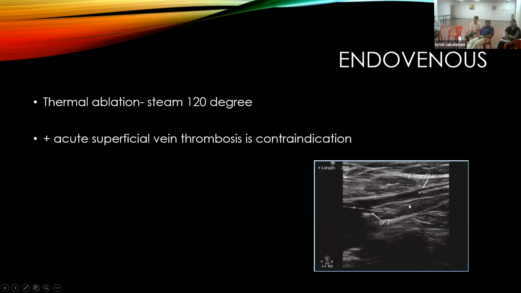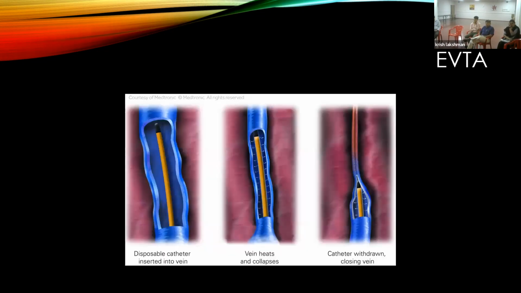Later, tumescent anesthesia is given around the vein, ultrasound guided. Then from 2 centimeters from the saphenofemoral junction, the tip is activated. Steam of 120 degrees is introduced into the vein, which causes closure of the vein.